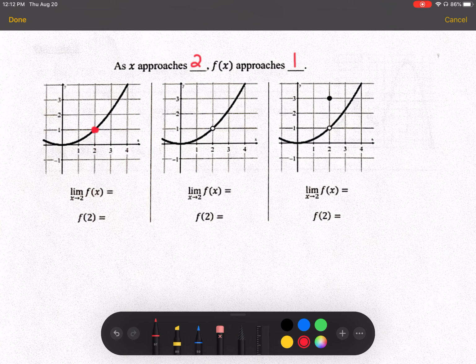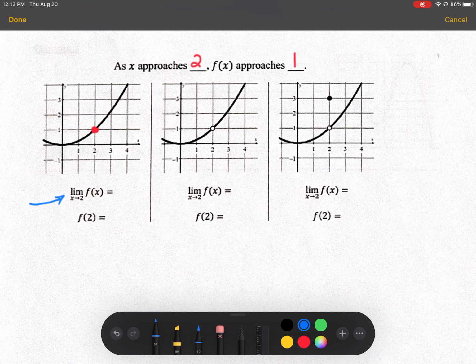And what I want to look for is the left and right side behavior of this. Okay, so as my x value is approaching 2, what is my y value approaching? Okay, and so here we have the limit as x approaches 2 of f of x.